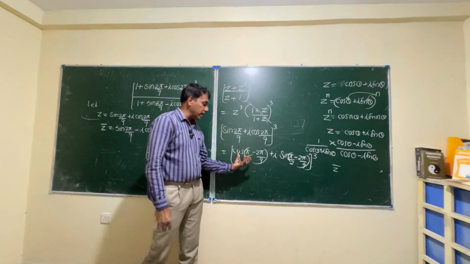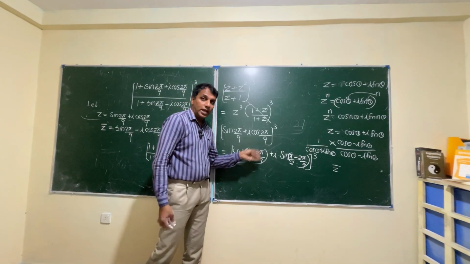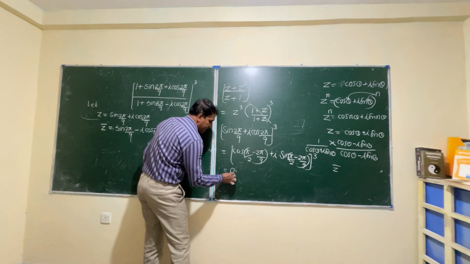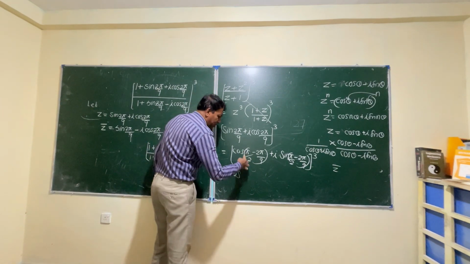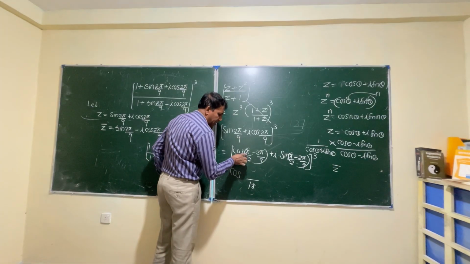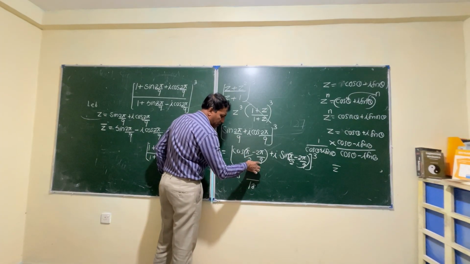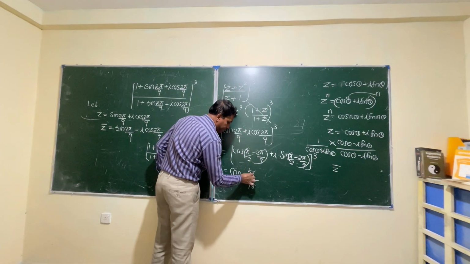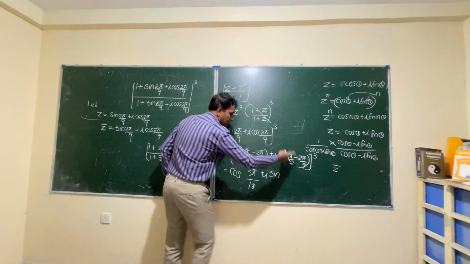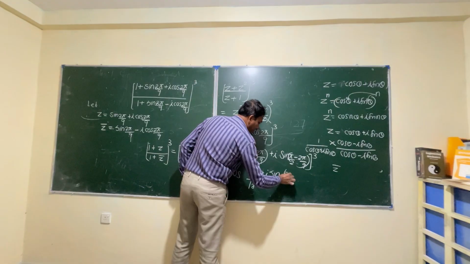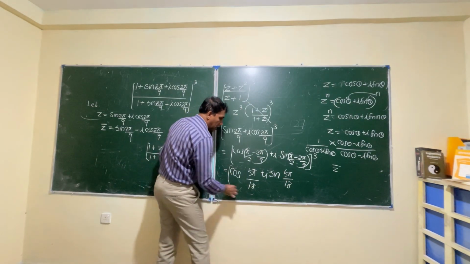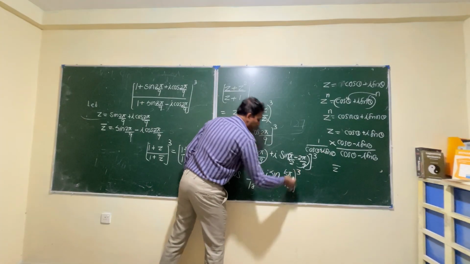Because the target complex number has real part cos theta plus imaginary part sin theta. Now, can I simplify? The LCM is 18, so we get 5 pi over 18 plus i sin 5 pi over 18, but completely to the power 3, right?